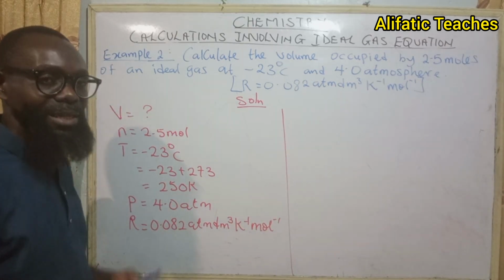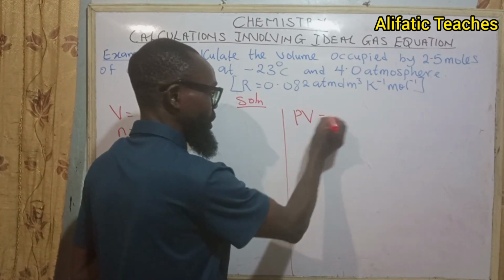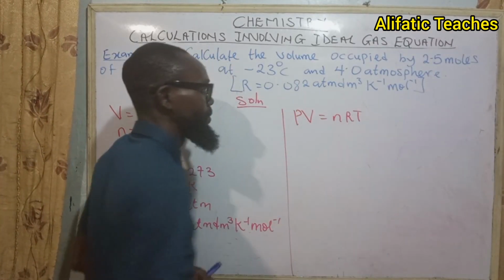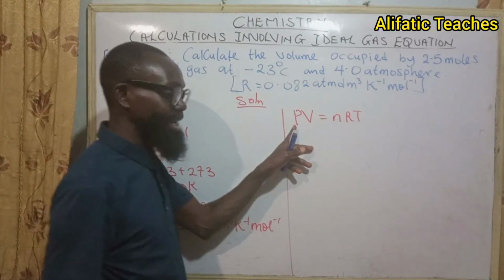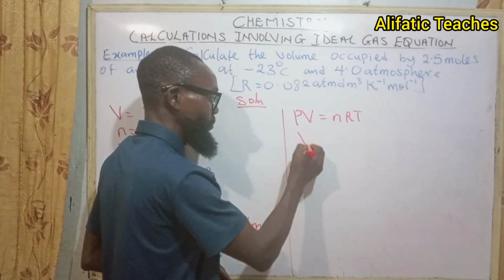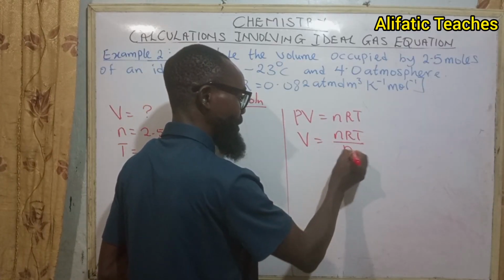From here, let us now apply our formula. PV equals nRT. We need to find the value of volume by dividing both sides by pressure. V equals nRT over pressure.